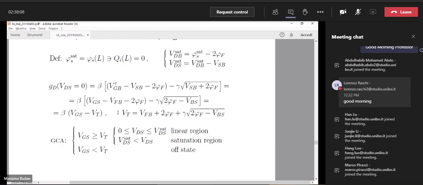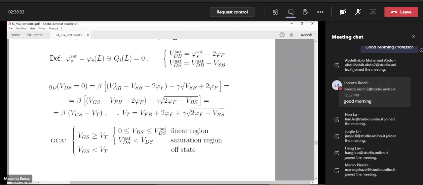So a possible solution, if we succeed in doing that, is that VBS is kept constant, which sometimes one succeeds in doing, sometimes not. A simple way to make it constant is to make it equal to 0 if possible.